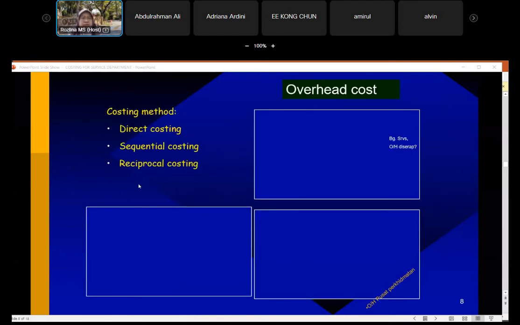Okay, for the costing method, for this part and for the service department, we have three types of costing. Okay, the first one is direct costing. What you can see here, there are the arrows. So that means service department 1 gives the service to P1, production 1, production 2, and production 3.